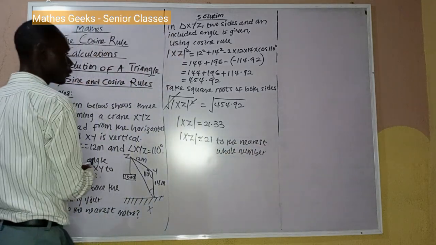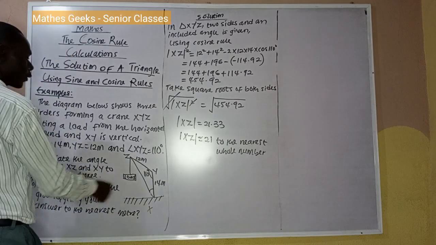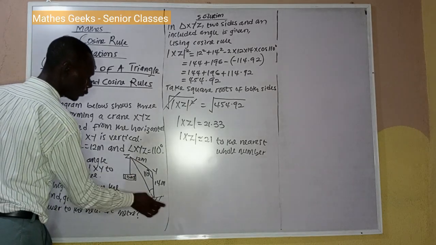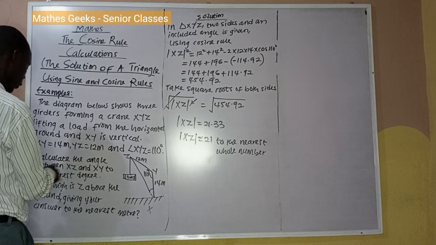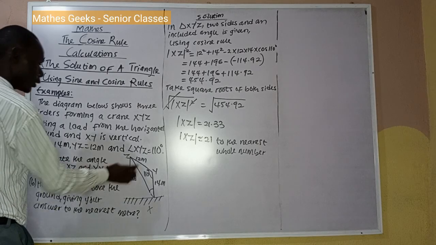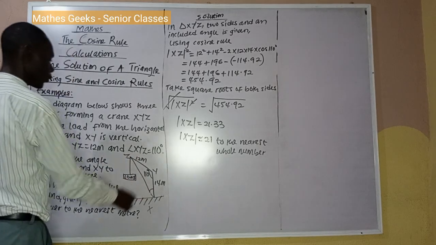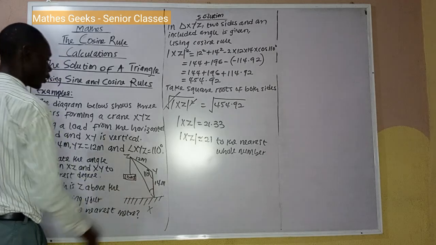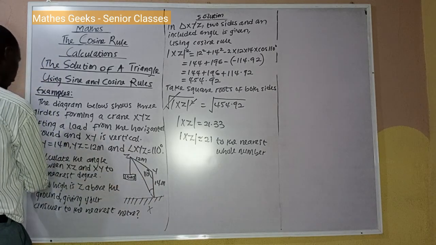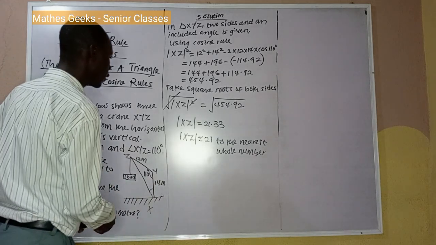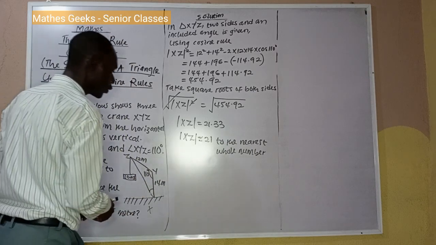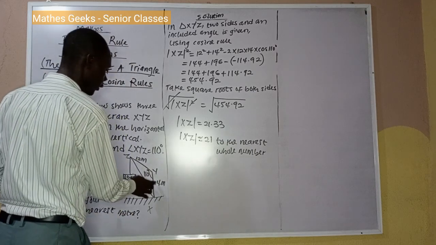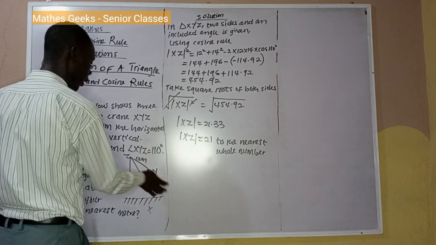Okay, so now I've gotten XZ, but this says we should calculate the angle between XZ and XY. So this side was necessary for us to be able to get this angle, what we're required to get in A. So now that we've gotten XZ, let's solve for what we were asked to get, which is angle X, the angle between XZ and XY.